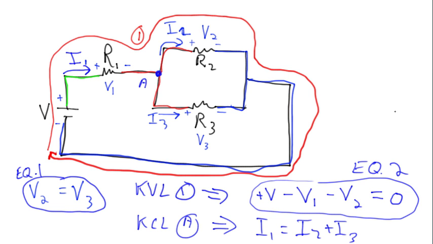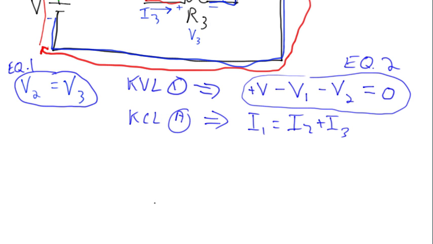I'm not sure I need to number that one. I usually work in terms of the currents. This time I'm going to try to get everything in terms of voltages. They're asking for a voltage.